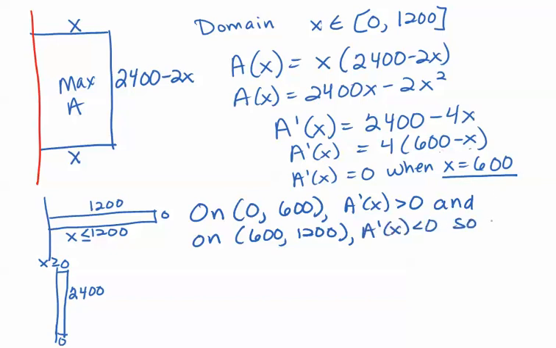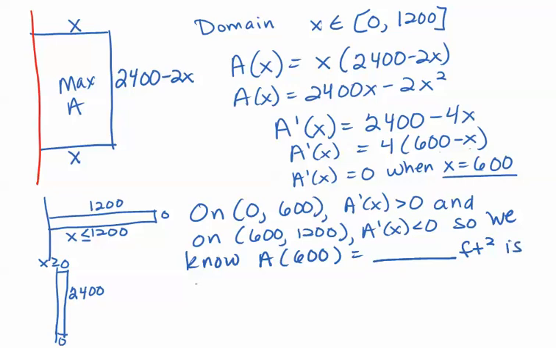So we know, because it changes from increasing to decreasing, that A of 600, which is going to give us some y coordinate, that's going to be our answer in square feet, is a maximum.